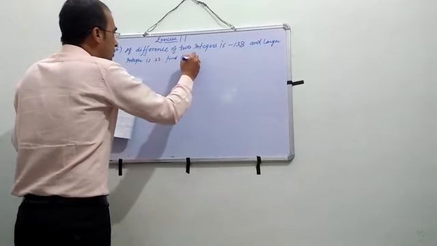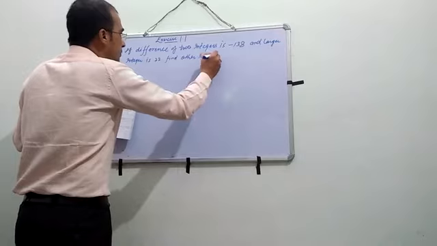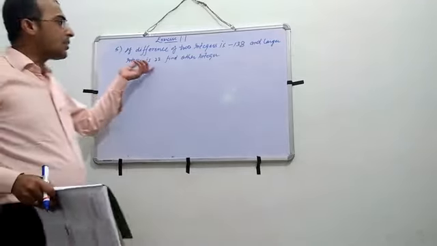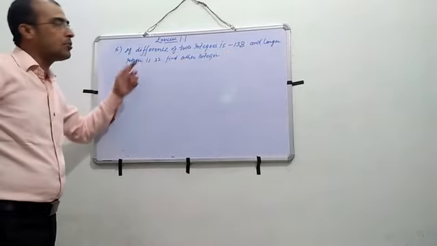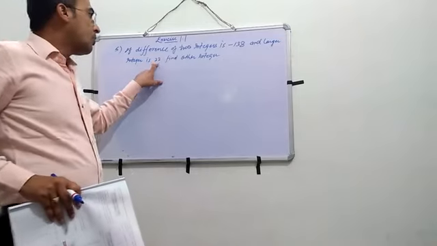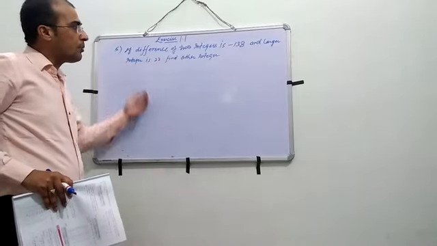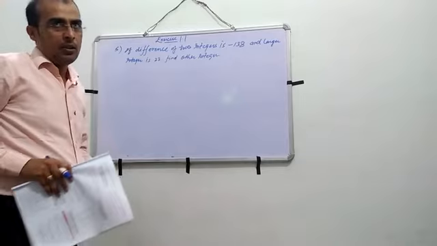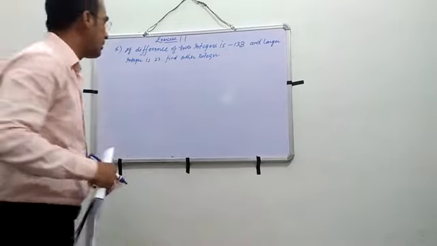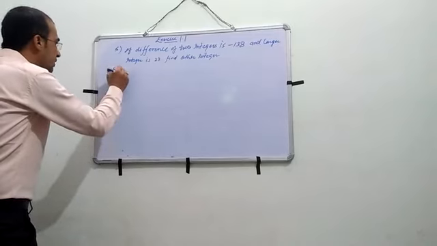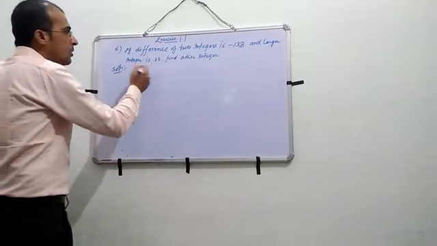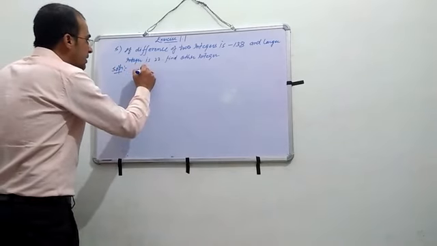Find the other integer. You have to find the other integer, meaning the second integer. The larger integer is given and we have to find the smaller integer. So the larger integer is 22. So you will subtract from the larger to the smaller, because the sign given here is minus 138. Then what will be the solution? You can say the solution will be, what is given?